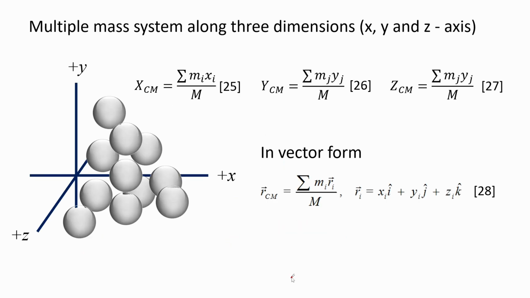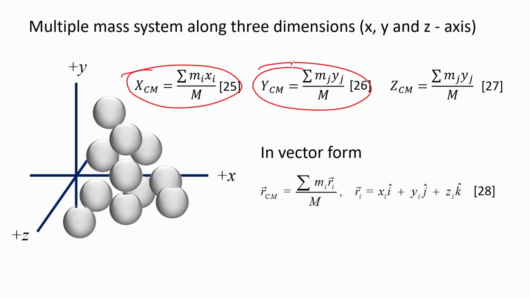In 3 dimensions, you do the same. Earlier it was just xcm and ycm. Now if there is a third dimension, you also have zcm. So it's an x, y, z coordinate. In vector form, your r_cm vector is just the sum of m_i r_i, which gives you the vector part, divided by the total mass.